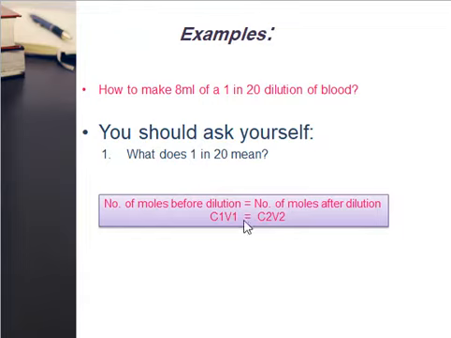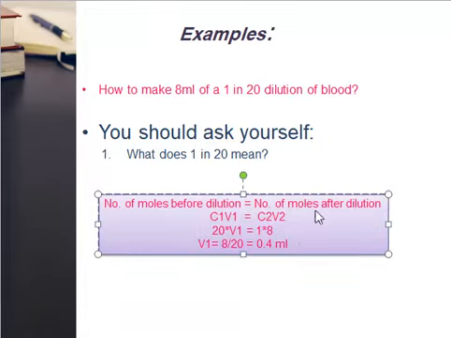So let's apply the dilution equation. Here we applied the equation. The initial volume equals 0.4 ml. So this dilution can be made by taking 0.4 ml of a blood sample and completing up to 8 ml with the diluent or solvent.